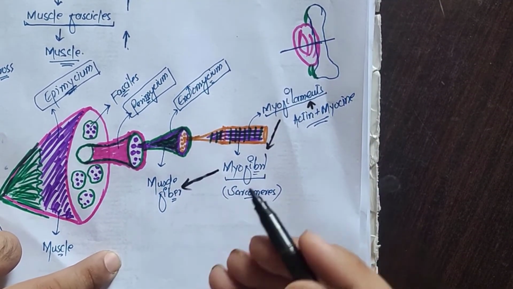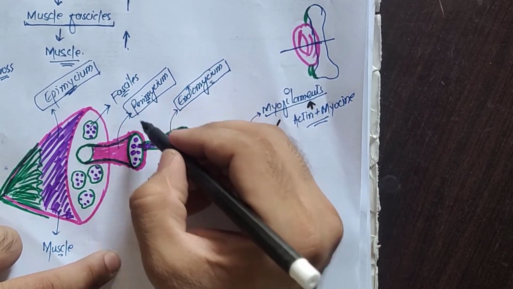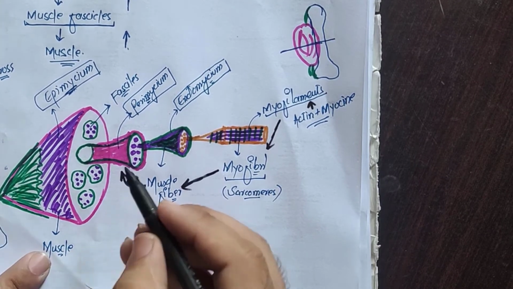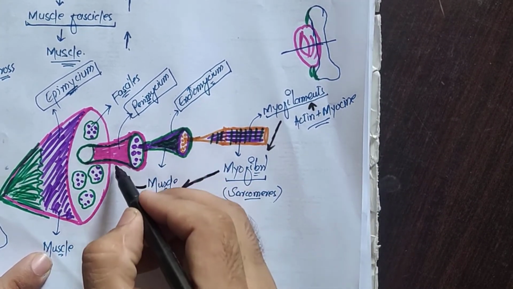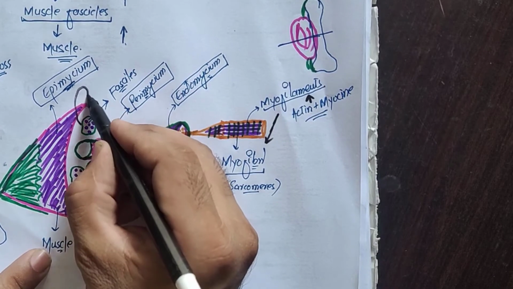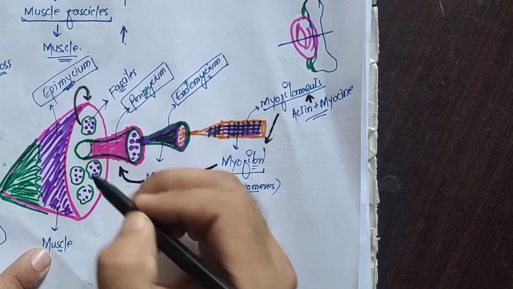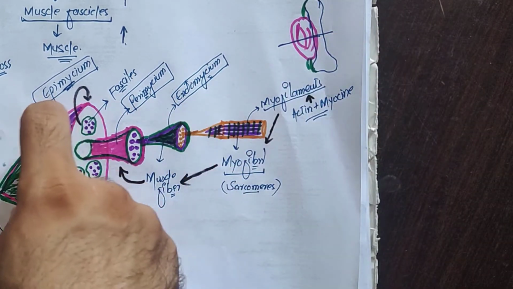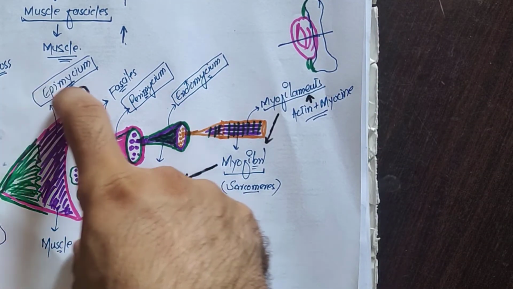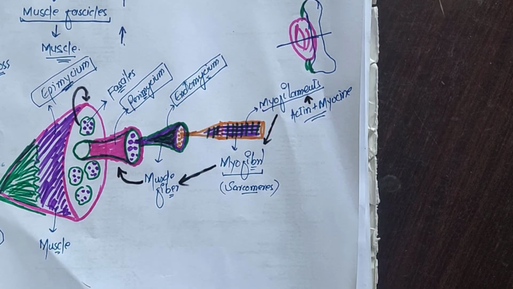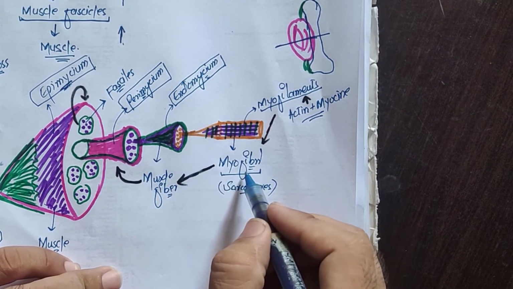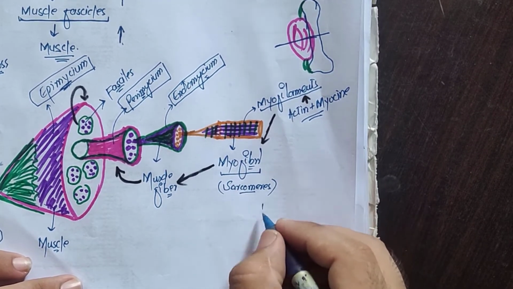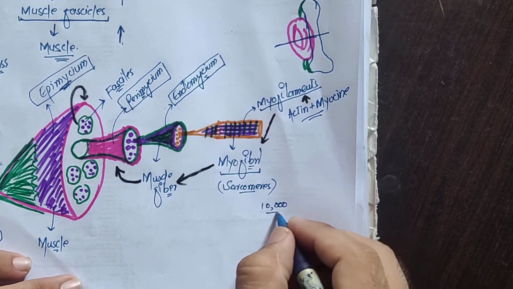Muscle fibers, and the muscle fibers will make fascicles, and all these fascicles will make the muscle itself, right? So this is the structure from microscopic to macroscopic, or from macroscopic to microscopic. Now look carefully, friends. One myofibril contains about 10,000 sarcomeres, right?